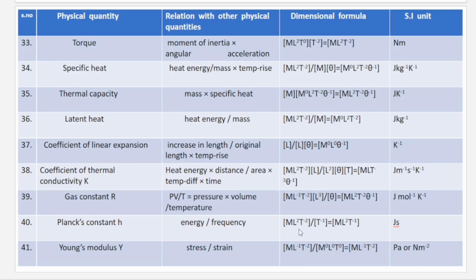Energy is M L^2 T^-2 by frequency T^-1, so we get M L^2 T^-1. Young's modulus Y is stress by strain. Stress is M L^-1 T^-2 by strain M^0 L^0 T^0, which gives us M L^-1 T^-2.